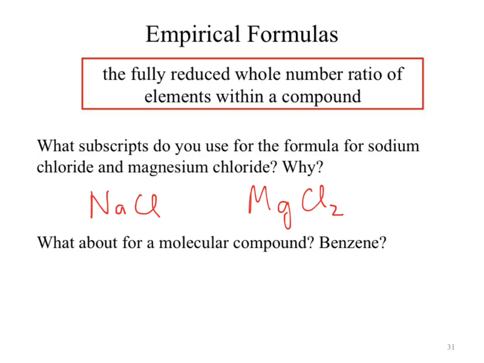A lot. So why do I not write that? And then I'd have probably 50,000 chlorines. That's still perfectly valid as a formula, but it's a pretty crappy formula because we've got to bring in a whole bunch of extra numbers. So what we do is reduce this to our empirical formula, our smallest whole number ratio.